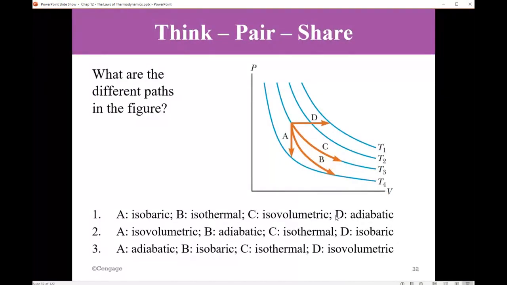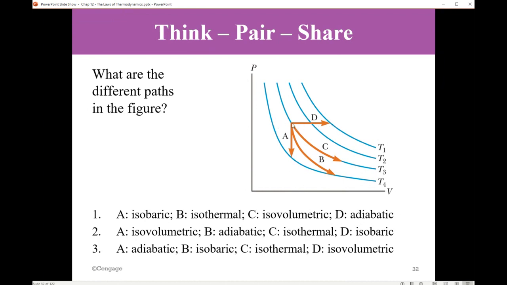In this problem, what are the different paths in the figure? So here, this path A represents a process that occurs at constant volume. So this is an isovolumetric process. For D, this is at constant pressure.